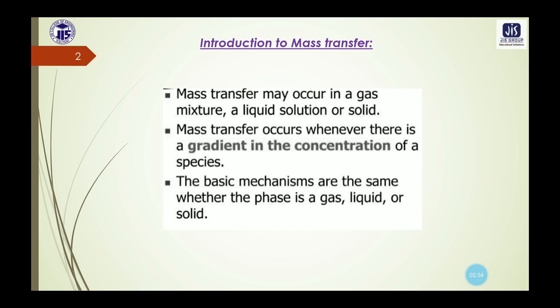This process of transfer of mass as a result of the concentration difference of the species in a system or mixture is known as mass transfer. As long as there is a concentration difference of the species in the system or mixture, mass transfer will occur. The basic mechanisms are the same whether the phase is a gas, liquid or a solid.